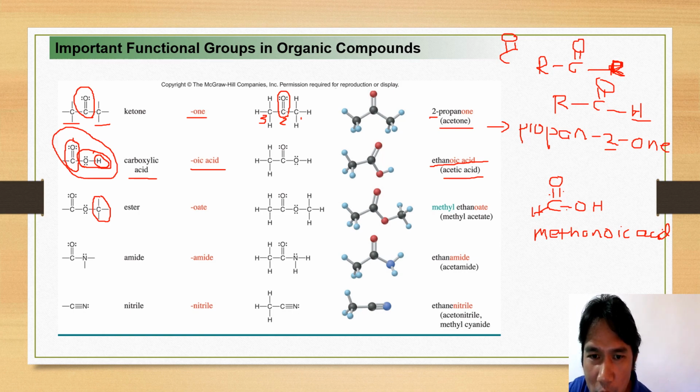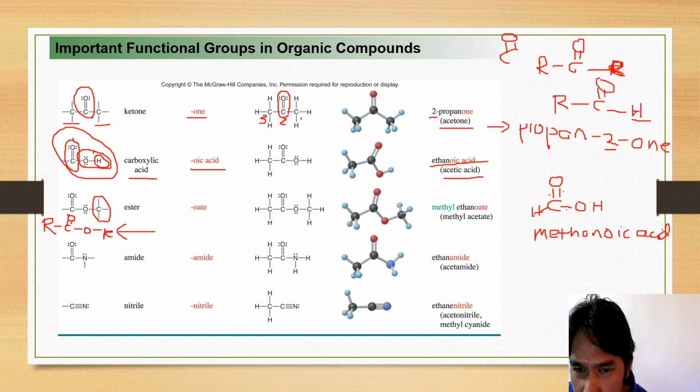The general formula of ester is R, that's the rest of the molecule, carbon double bond O, and then O, and then another R group. When you encounter this general formula, it means that the molecule is ester.